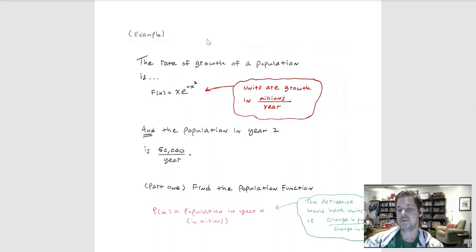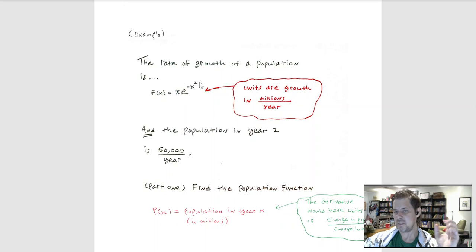So here's the setup for the example. It says that we have a function that gives us the rate of the growth of a population, okay? And that's this function right here. And with any function or any number that measures something, we're always given units, okay? If there's a measurement of something at all, there's got to be units.